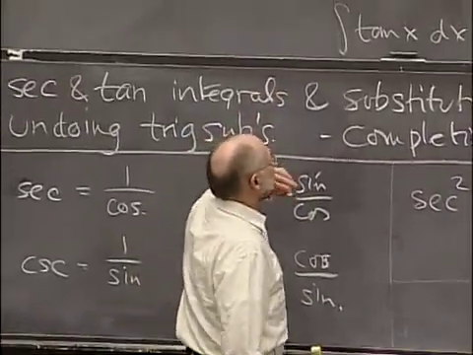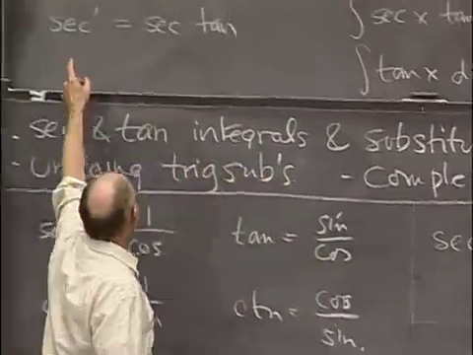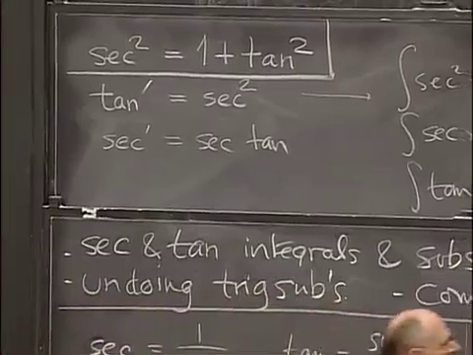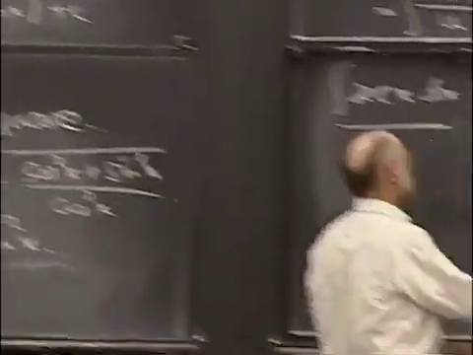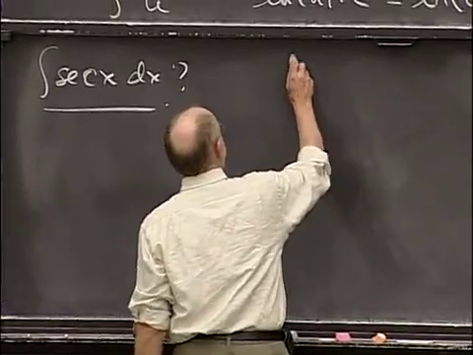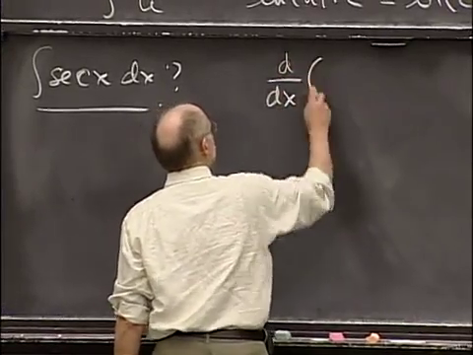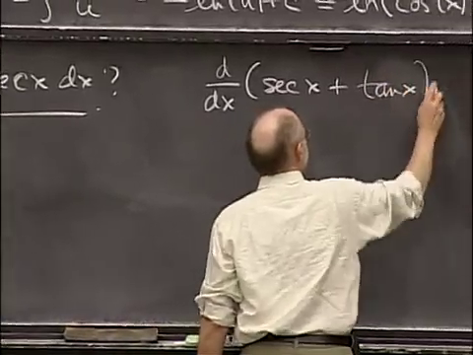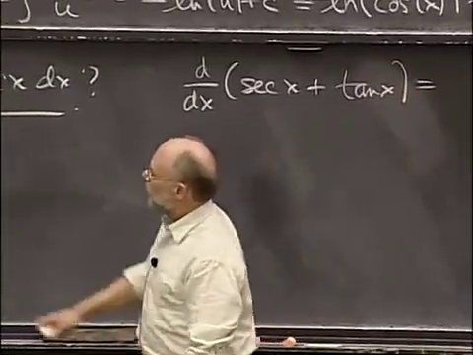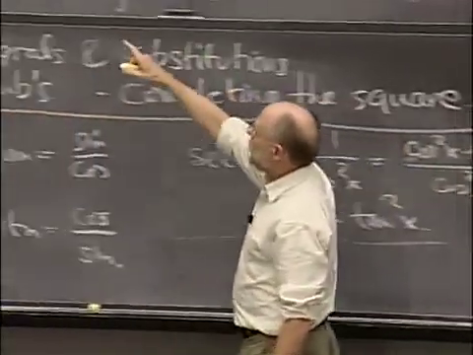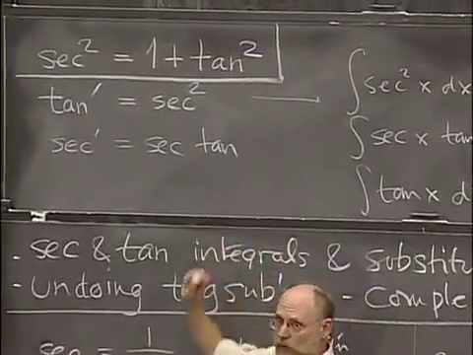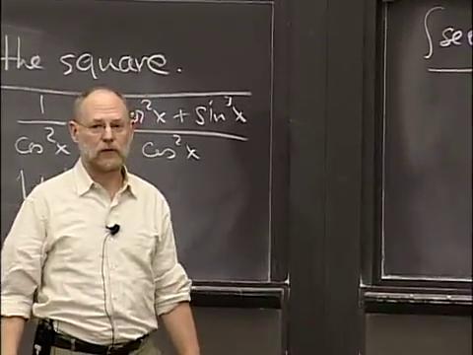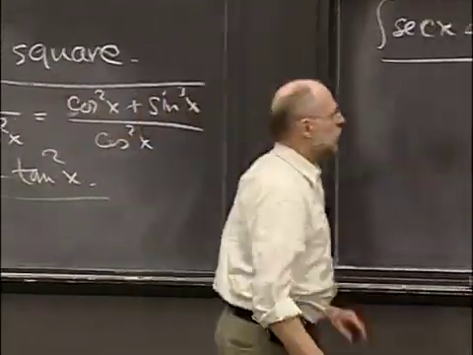If I take these two facts, tangent prime is what it is, and secant prime is what it is, and add them together, I get this fact, that the derivative of the secant of x plus the tangent of x is the sum of these two things, secant squared plus secant tangent, and there's a secant that occurs in both of those terms. So I'll factor it out.